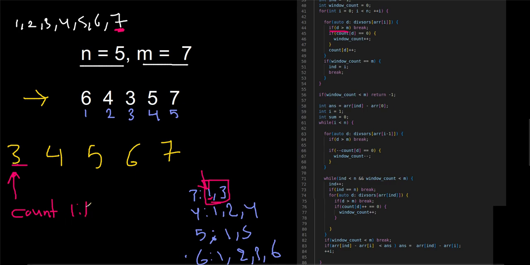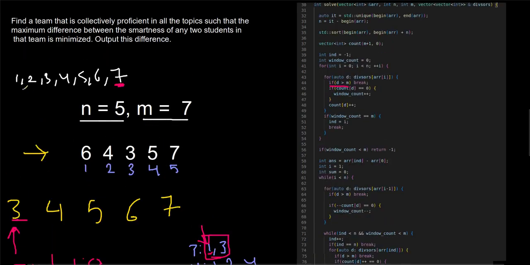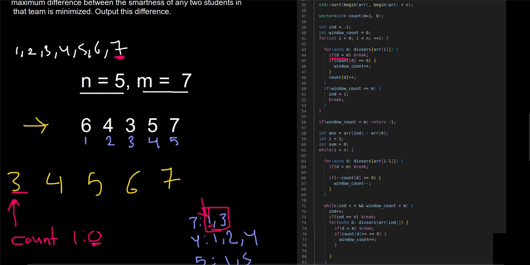Before adding 1 to the count, we know that the count of 1 is 0, because the count dictionary is initially empty, and that means we covered one of the topics. So we have this window count variable, which is initially 0.